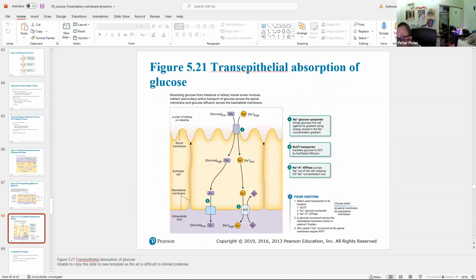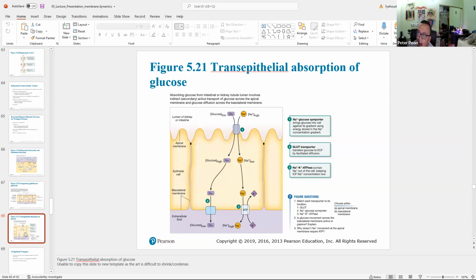So this is an example: transepithelial absorption of glucose. Before I explain this, you want all the glucose you can possibly get your hands on in the lumen of the kidney or intestines.